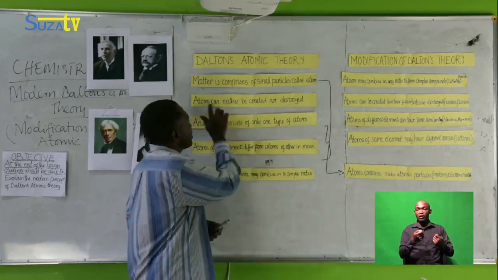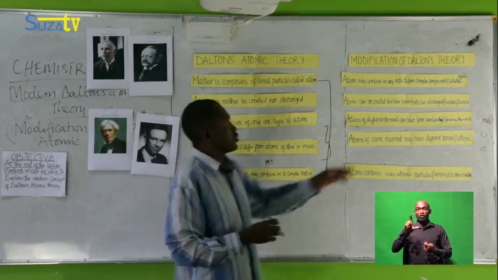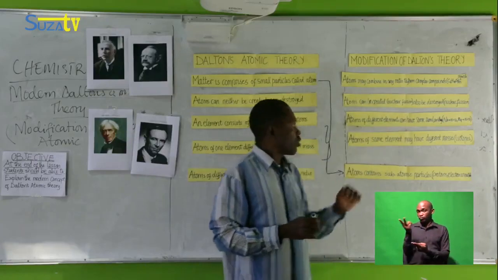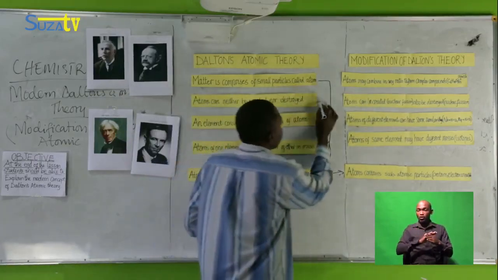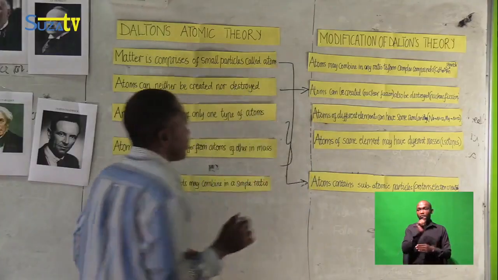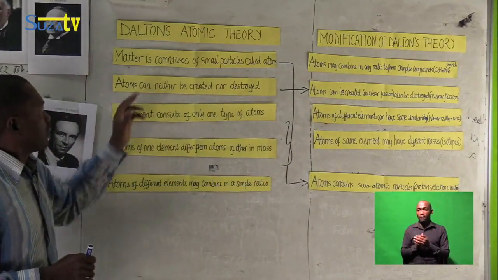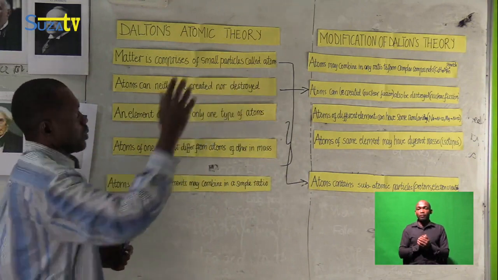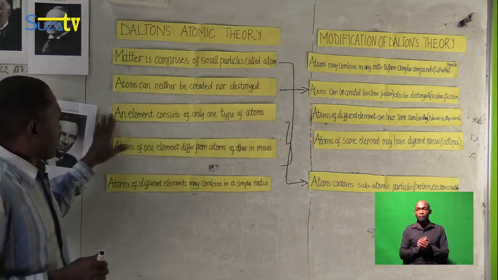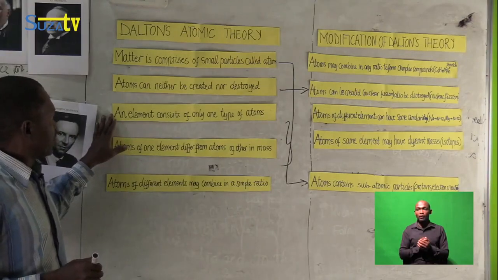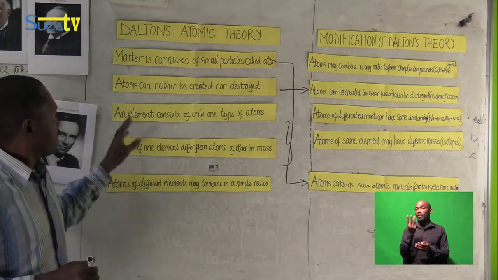So there's something in common about creation. It means that this one directly resembles this one. This could be the Dalton atomic theory, and that one could be its modification. So they are matched.